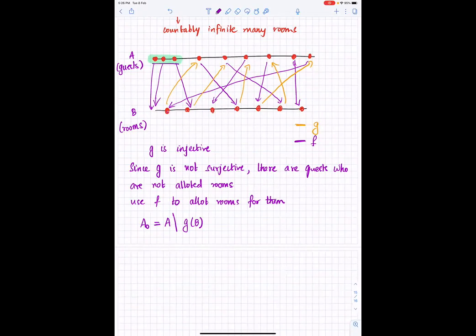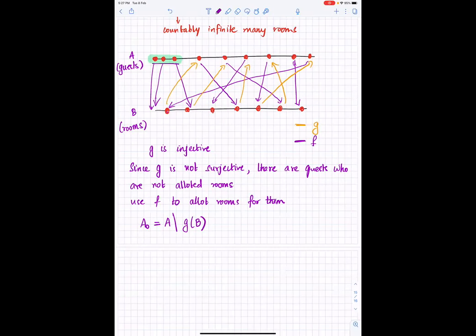So these are the guests whom we have to allot rooms according to f. Is this clear so far? What is g of theta? There is g of B, where B is the set of rooms. Oh, okay, so was this not clear?